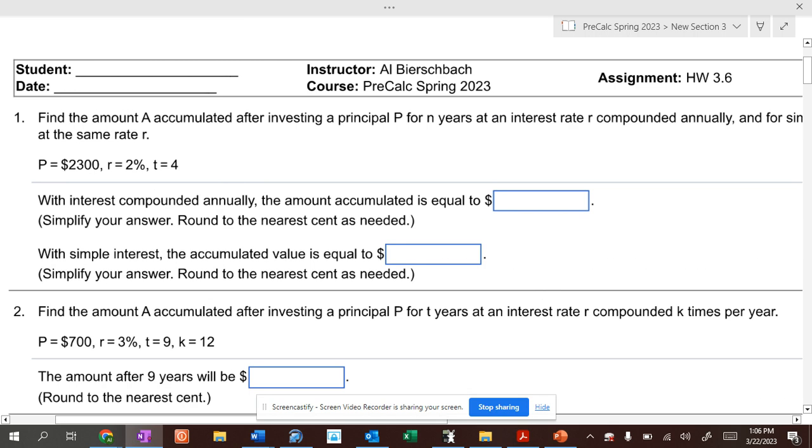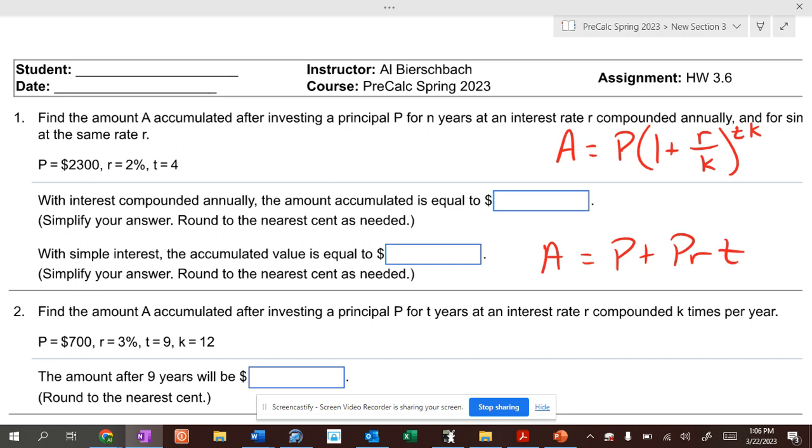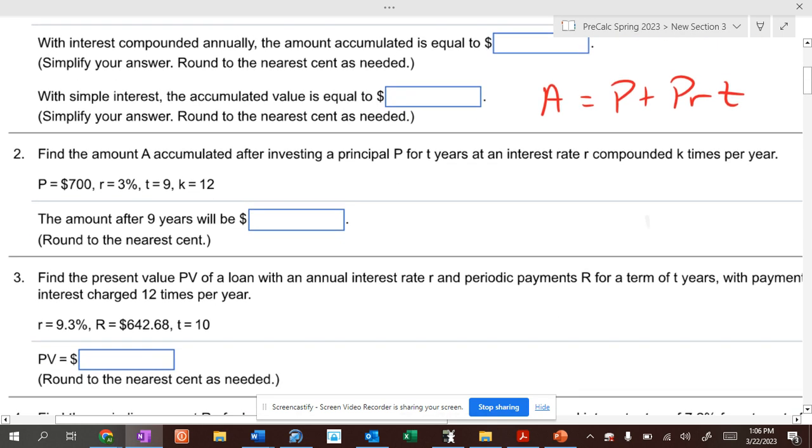For the compound interest formula, the amount equals the principal times 1 plus the rate divided by the number of times it's compounded per year, to the power of the number of years times the number of times compounded per year. Simple interest is the amount equals P plus PRT. So make sure you use those formulas accordingly.